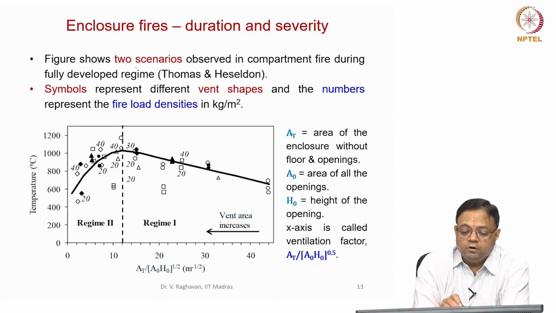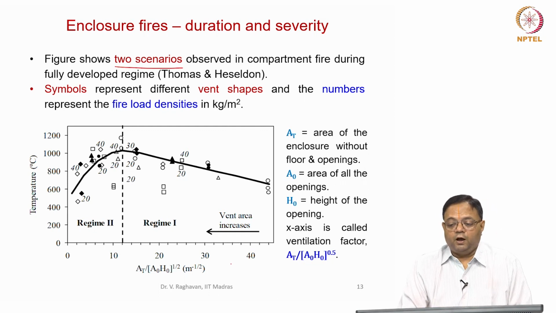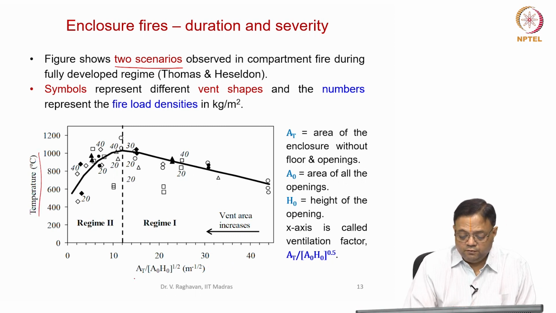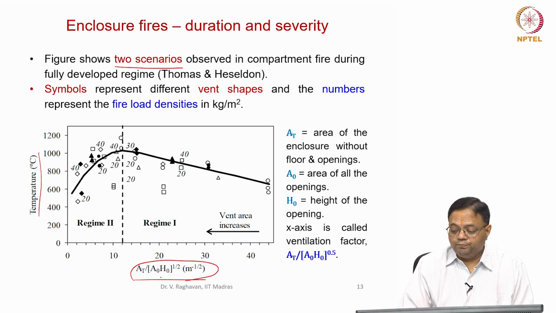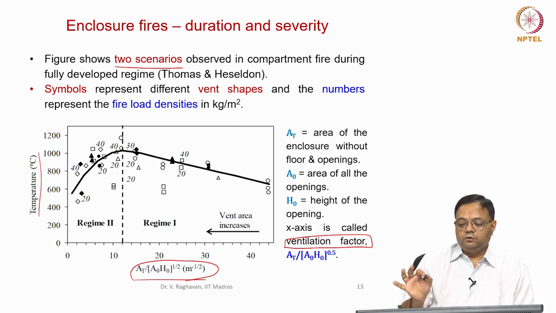Now, the graph shows two scenarios observed in compartment fire. Here, we can see the temperature versus a factor which is called ventilation factor, where AT is the area of the enclosure without floor and openings.